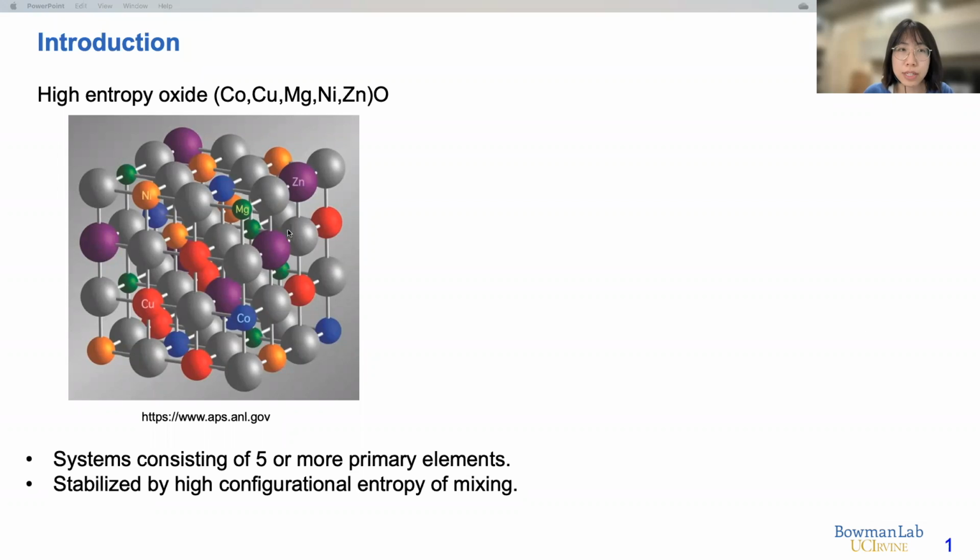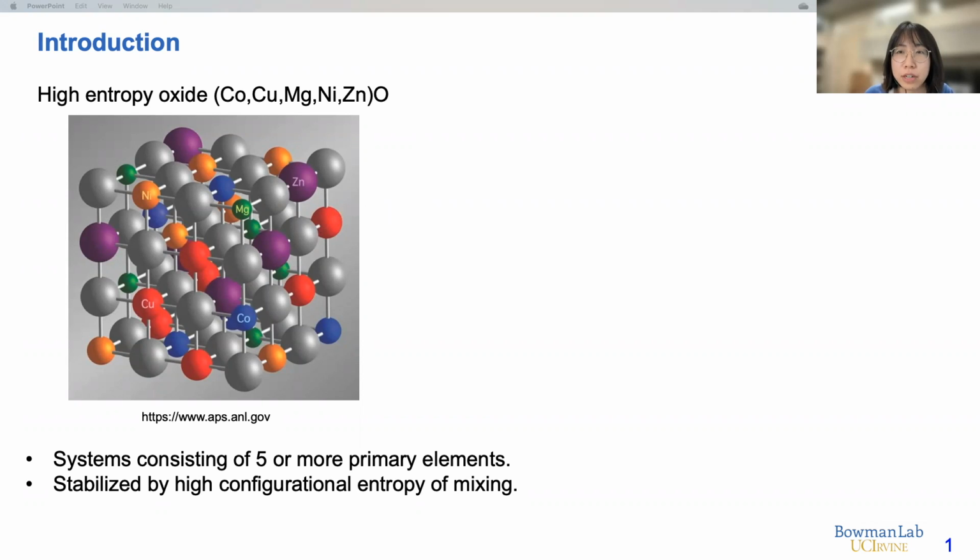As shown in this schematic, the high entropy oxide with near equimolar cations of cobalt, copper, magnesium, nickel, and zinc was formed. Despite this very complex composition, a very simple single phase rock salt solid solution structure, as shown here, has been retained and can be retained down to nanoscale after appropriate processing.